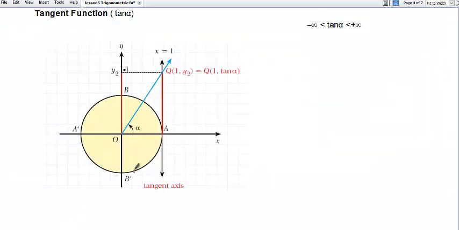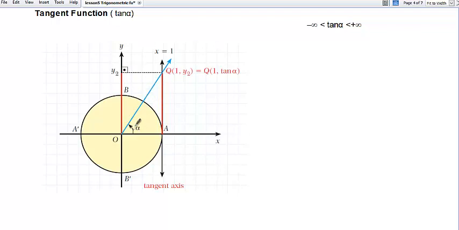Okay. Tangent function. On the unit circle, we have the values for sine and cosine. But when we are talking about the tangent, we draw a line segment that is parallel to the y-axis. That's why it is called the tangent axis, because this line is tangent to the circle.